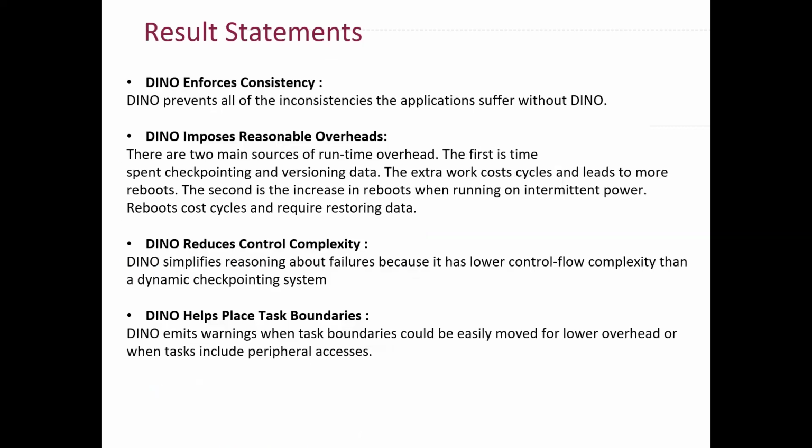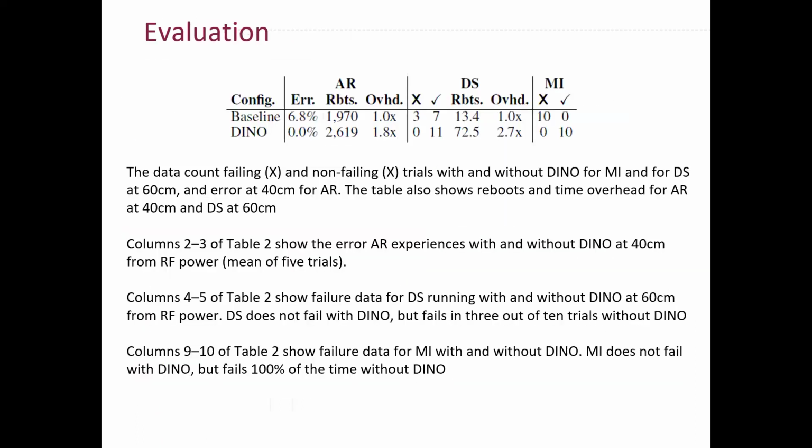And then coming to the result statements. The first important result is that DINO enforces consistency. We saw that whether it be MI, DS, or AR, your error is extremely small. In fact, in MI your error is 0, in DS your error is 0, and your error is 0 in AR too.